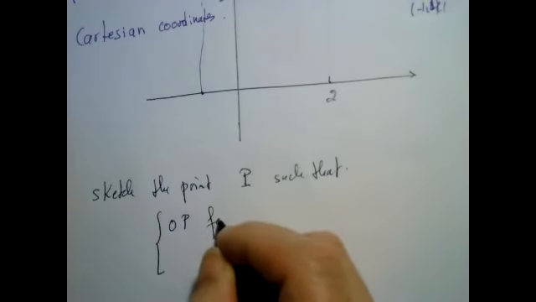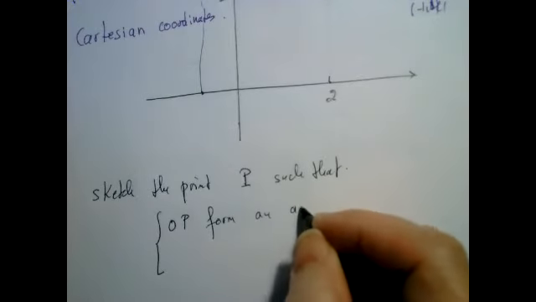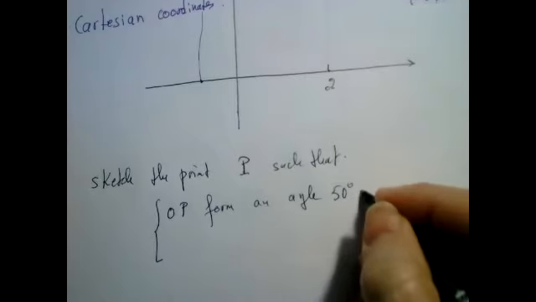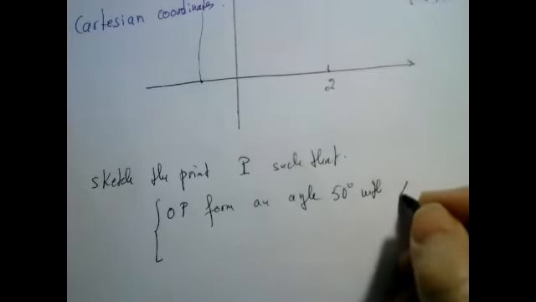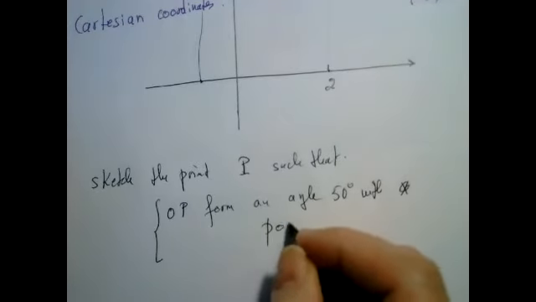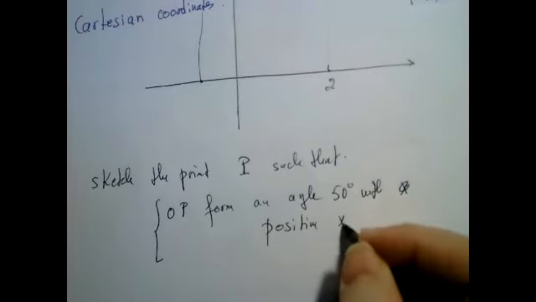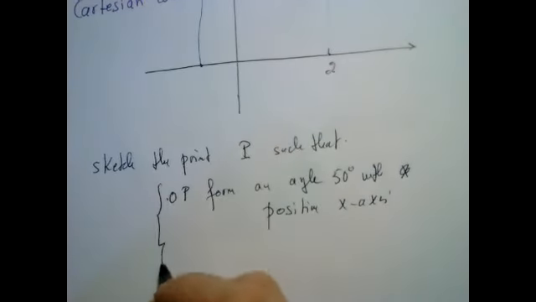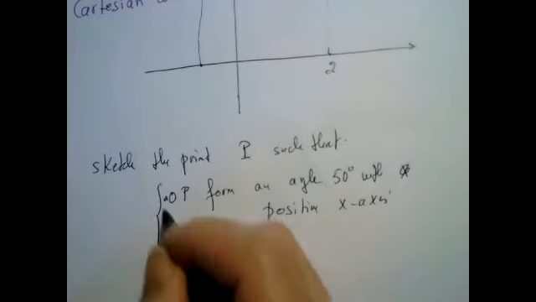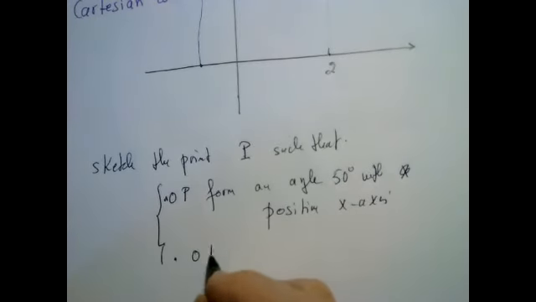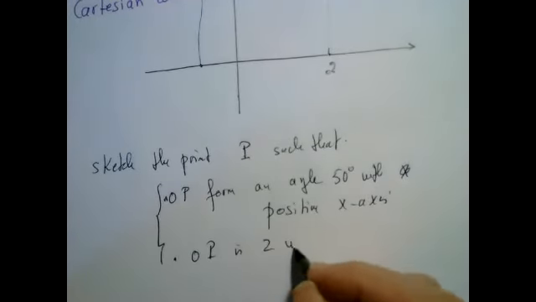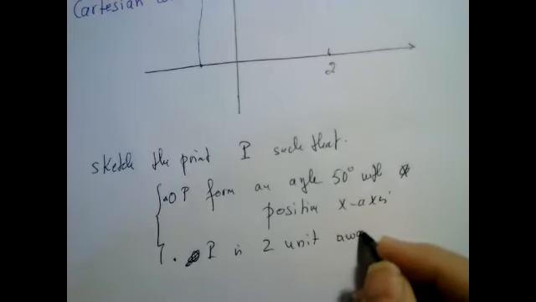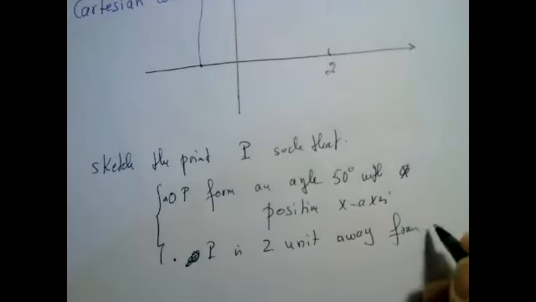OP forms an angle, let us say 50 degrees, with the positive x-axis. And then I tell you the following: point P is 2 units away from the origin.